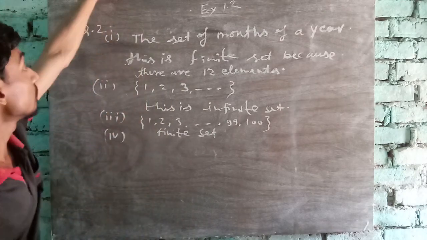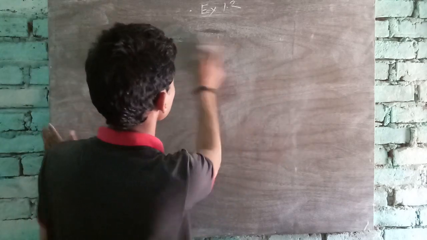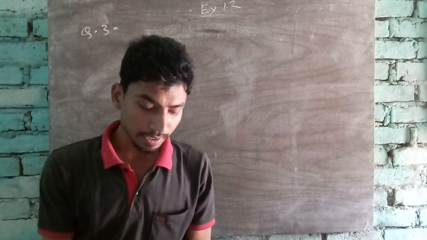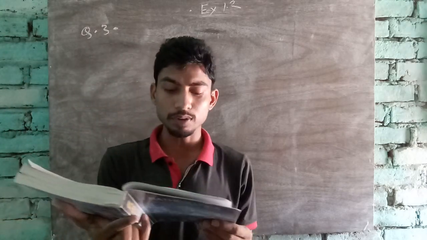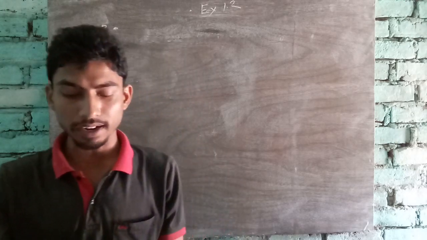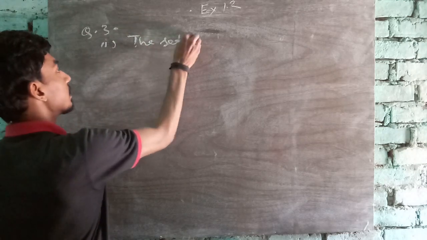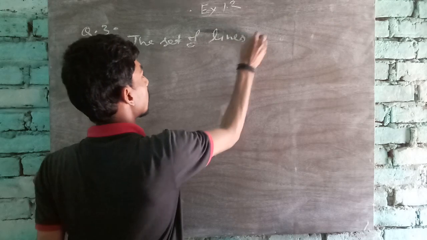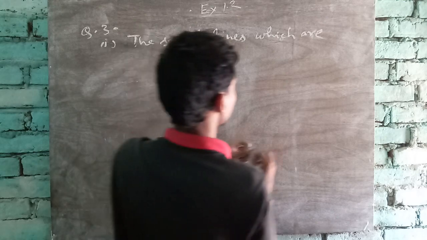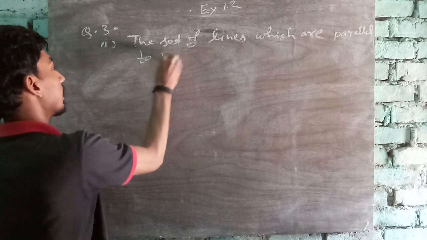Next, question number 3. Here state whether each of the following sets is finite or infinite. First, the set of lines which are parallel to the x-axis.